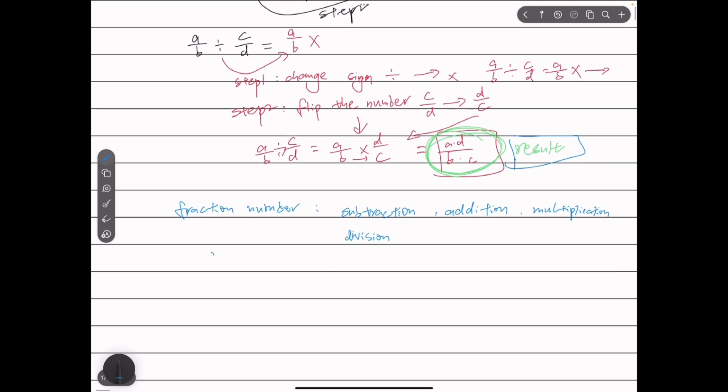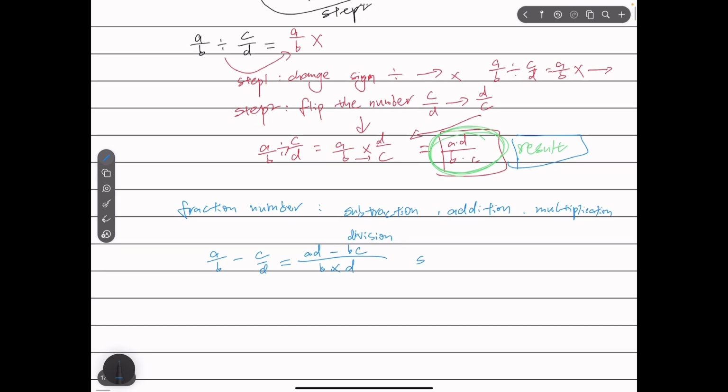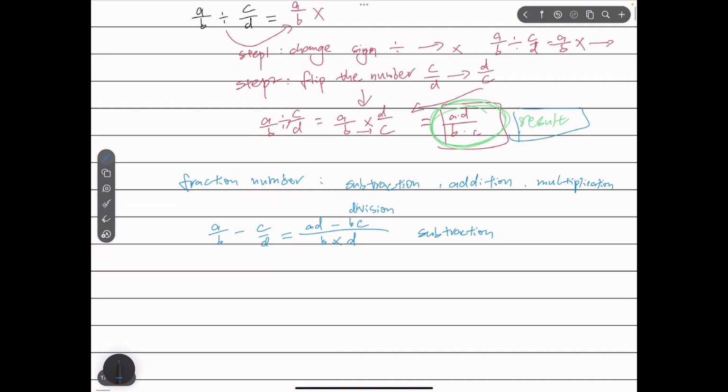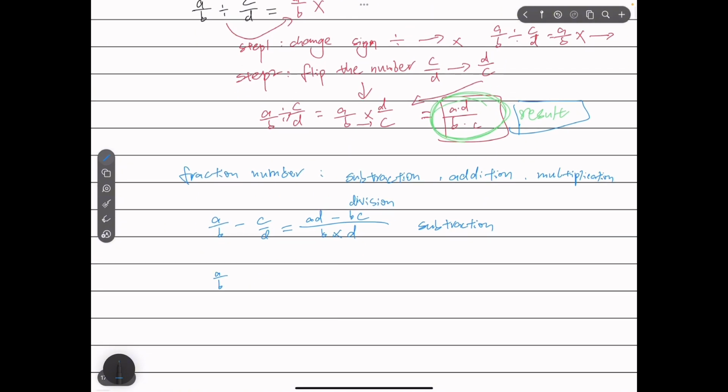For subtraction, let's say A over B minus C over D, we get the common denominator and then change that to AD minus BC. That's for subtraction. And for addition, A over B plus C over D will give us B times D on the bottom, and AD plus BC.